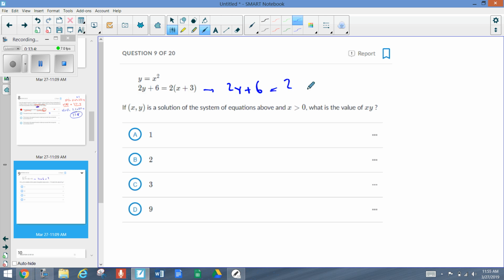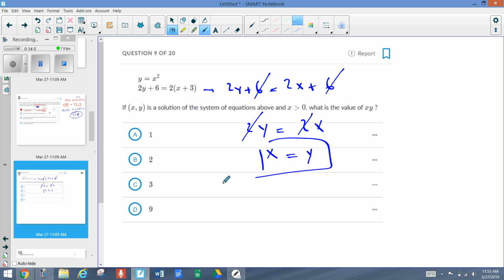Go ahead, tell me. 2x plus what? 6. 6 has been cancelled out. 2y is equal to 2x. That means x equals y, correct? If x equals y, let's try the answer choices for the first information.